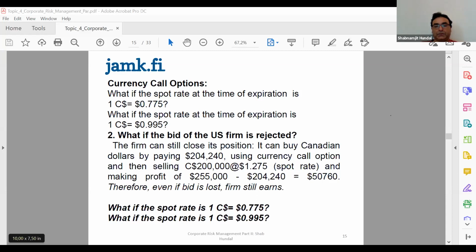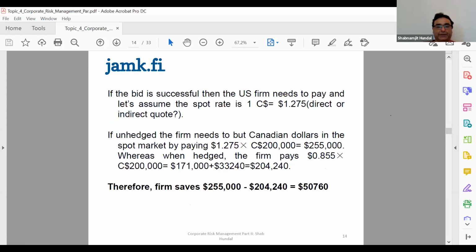Okay, so if I exercise the option, then 1 Canadian dollar is equal to, is it 0.855 for the strike price? The strike price is 0.855, yeah. I'm just doing some rough calculation.